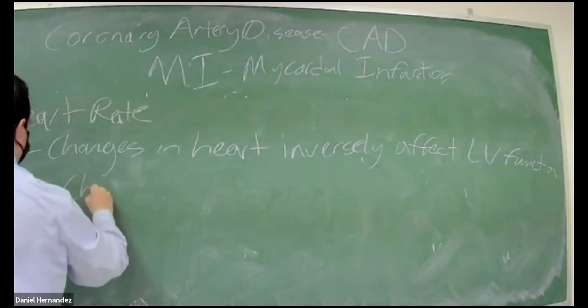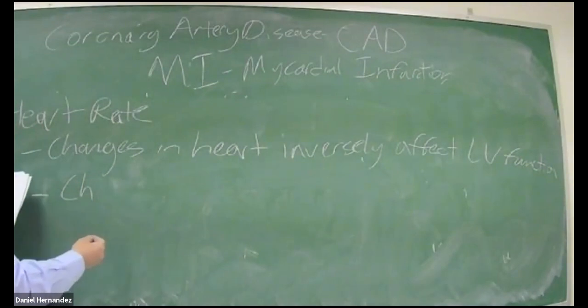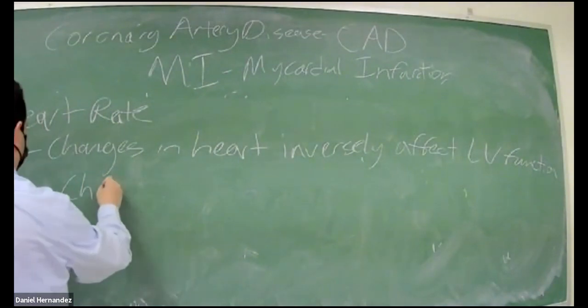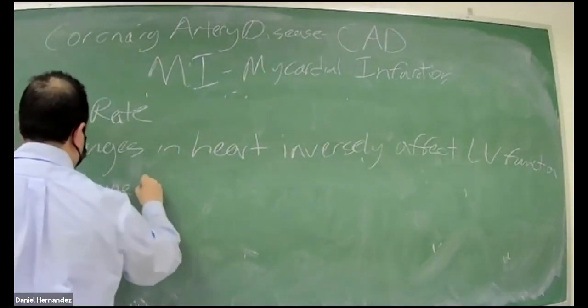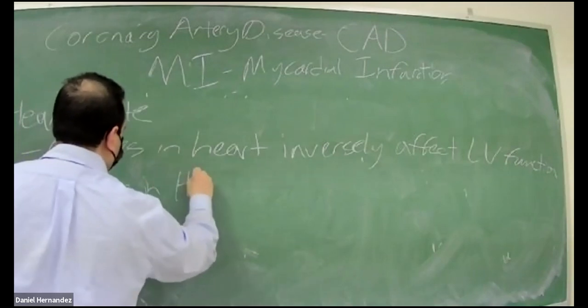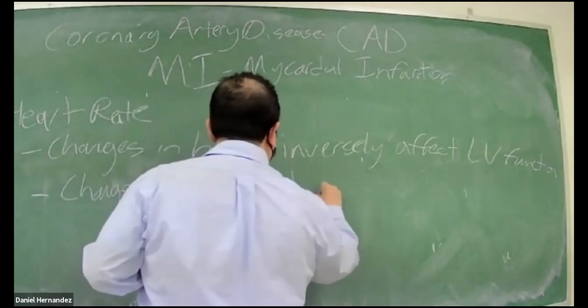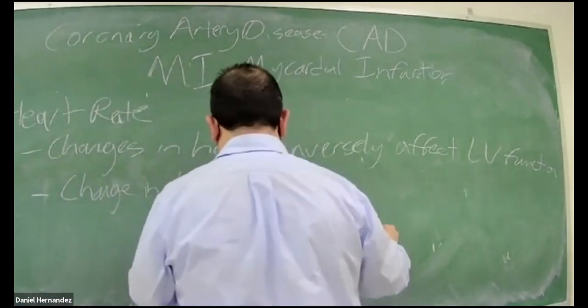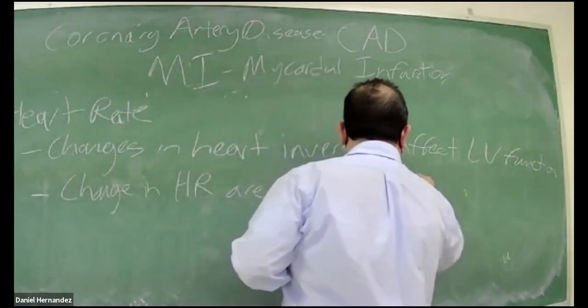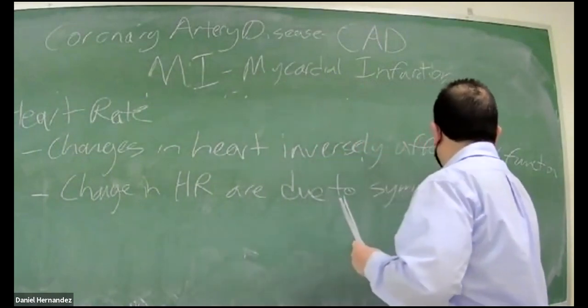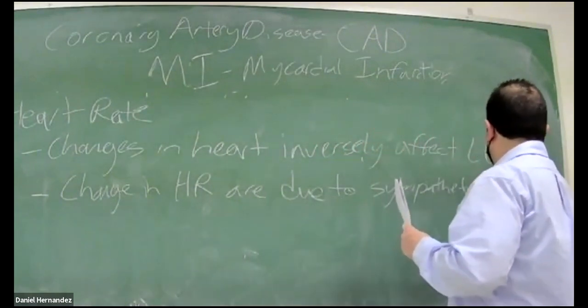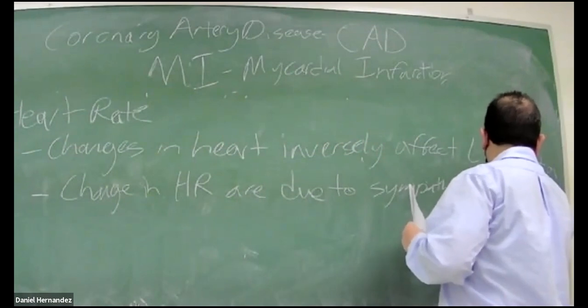And changes in heart rate are due to the sympathetic and parasympathetic nerve activity. So changes in heart rate are due to sympathetic and parasympathetic nerves.